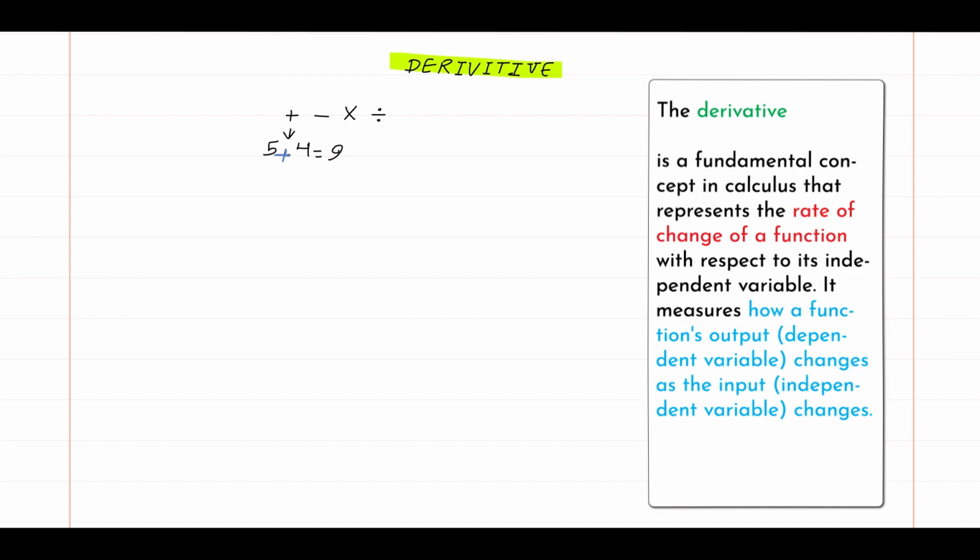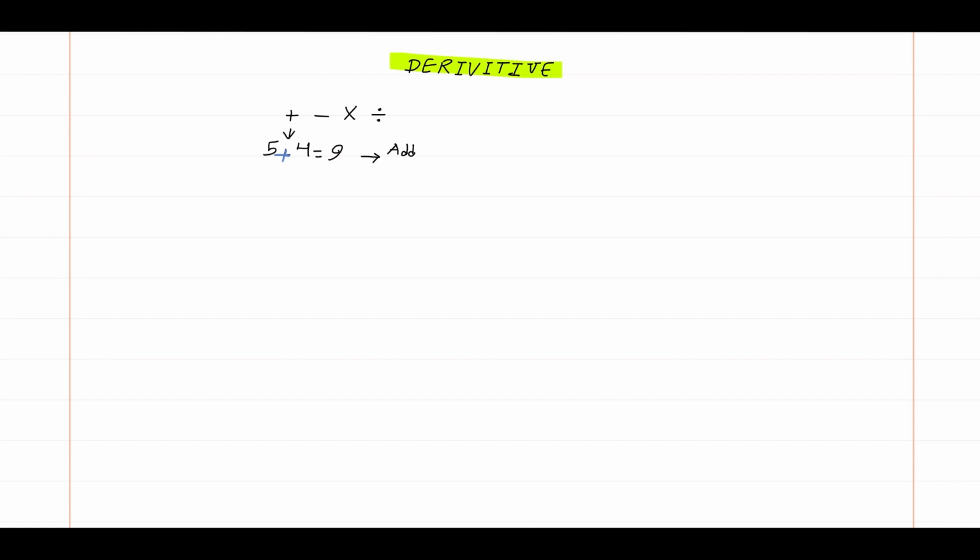This works because of the definition of the operator called the addition operator. It adds the operands, these two entities, or in this case numbers, with one another.